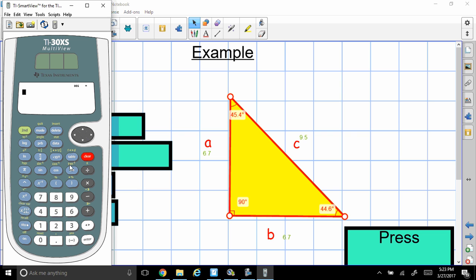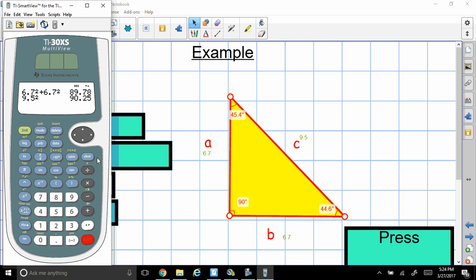So 6.7 squared plus 6.7 squared. What is that equal to? 89.78. Now we got 9.5. Let's square that. Oh, that gives you a little bit bigger.